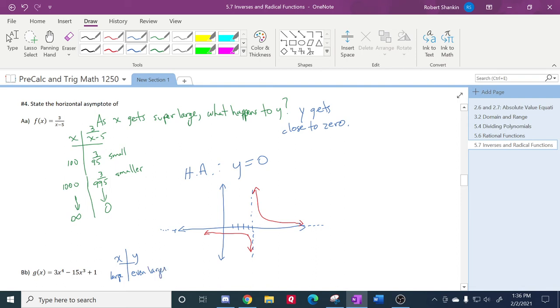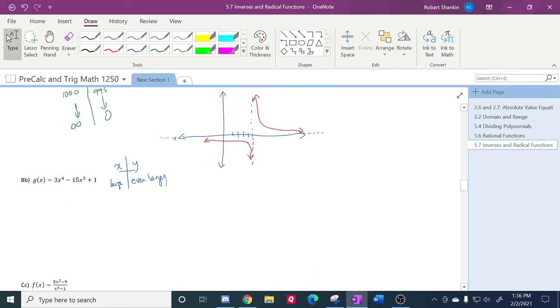Like if x is 100, this would be quite a bit larger than that. And so what does this say? Well, when the graph has to do with end behavior, way to the right, this thing is going off to infinity. And if you try to impose a ceiling and say, you can never get above this, no, it would crash right through any ceiling. So we say that this has no horizontal asymptote.